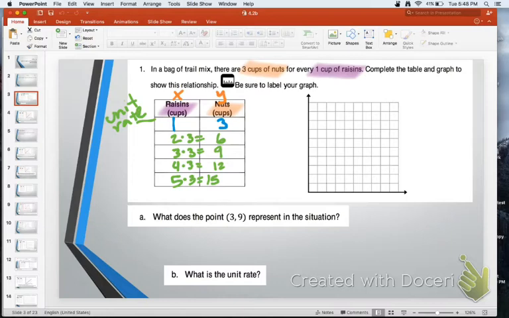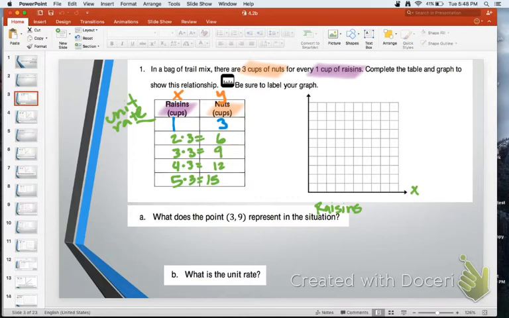Okay, now let's talk about our X and our Y. Our X-axis is our axis we've been using to count numbers on since kindergarten. When I look over at the table, it tells me that this is going to be our raisins. So again, I'm looking at the raisins and I'm going, well, I need to go up by 1 each time, but it looks like I've got 10 spaces.